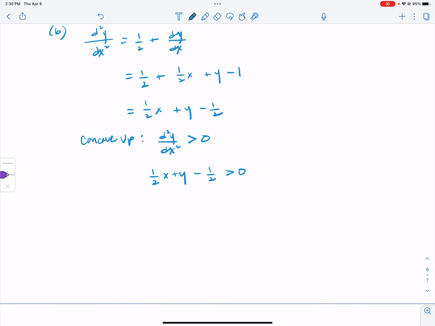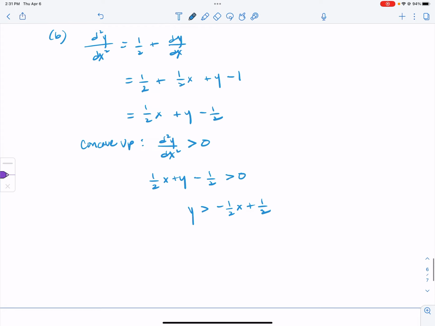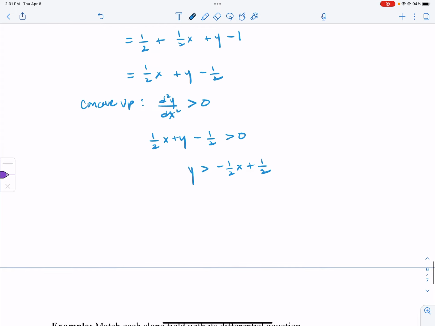That would be when y is strictly greater than -1/2 x plus 1/2. So all the solution curves to the differential equation are concave up on the half plane described by y strictly greater than -1/2 x plus 1/2.